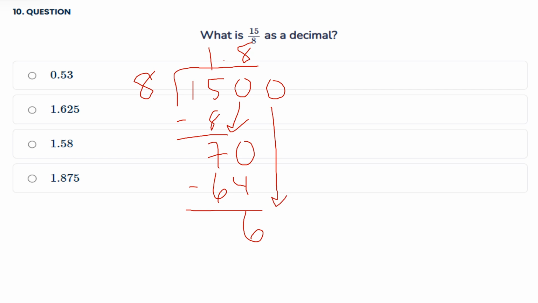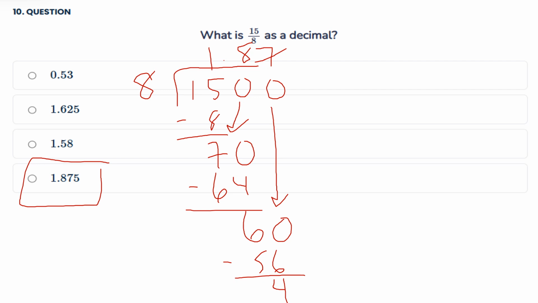We bring that 0 down. 8 goes into 60 7 times, and 7 times 8 is 56. So, I mean, we don't need to go any further. It's clear that 1.875 is our answer. We could add another 0 here, bring that down, and 8 goes into 40 5 times. But I generally tell my students to get 2 numbers after the decimal.